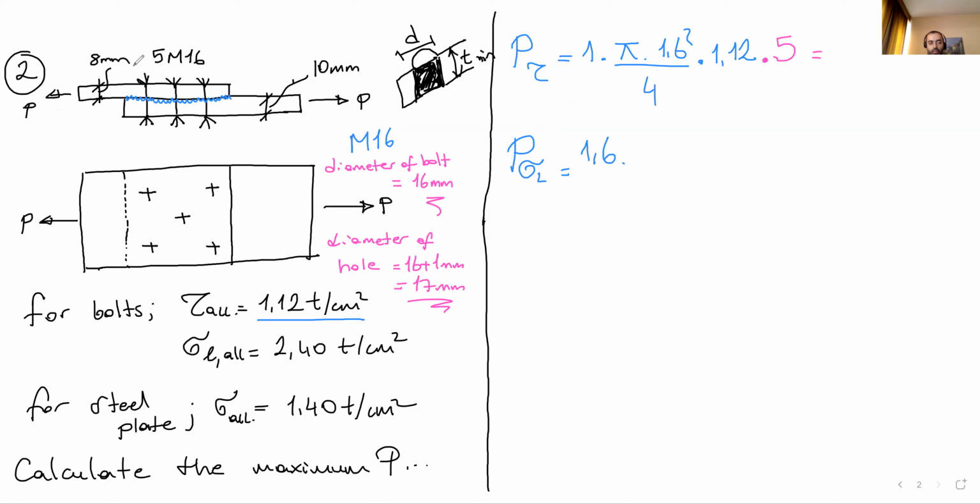Here we have 8 and 10. Minimum is what? Minimum is 8, converted to centimeter. D times T minimum. This is the area times the allowable stress in the question, 2.4D. Okay. This is the bearing capacity of the one bolt.